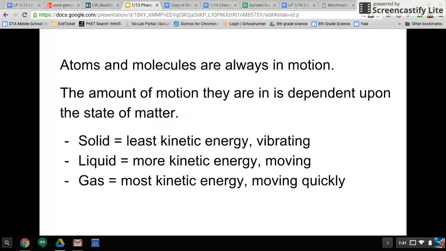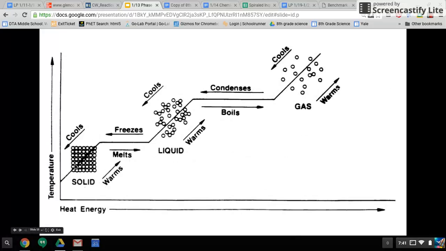So let's look at this graph right here. We go from a solid to a liquid, and we notice that it melts. Energy is added in the form of heat. And then as you go from a liquid and you want to get to a gas, you have this flat line. Those flat lines are that time when it's waiting for everything to get from a liquid to a gas.